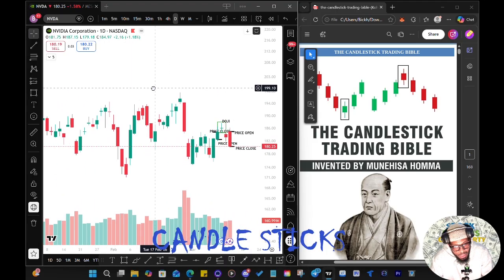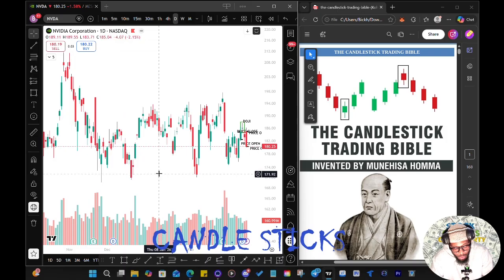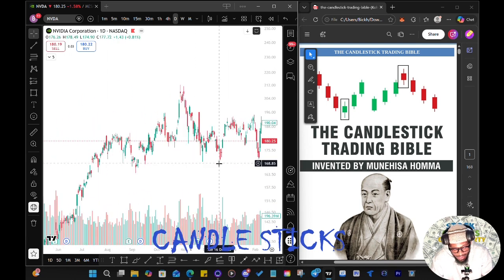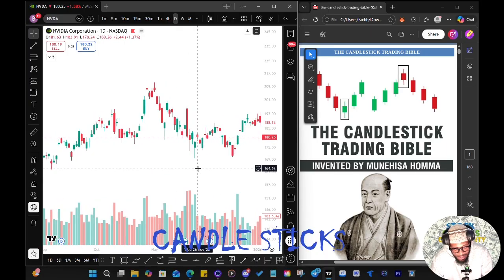Traders that only trade candlesticks, when they see high wicks, they go for puts. When they see low wicks, they go for call activity. They trade only off of candlesticks. They're very, very important.